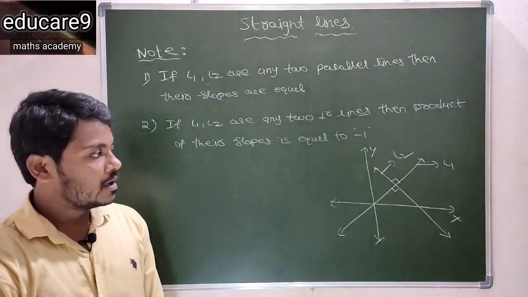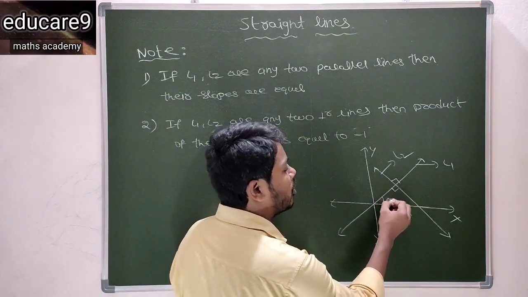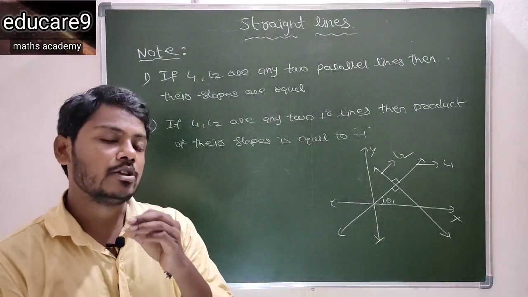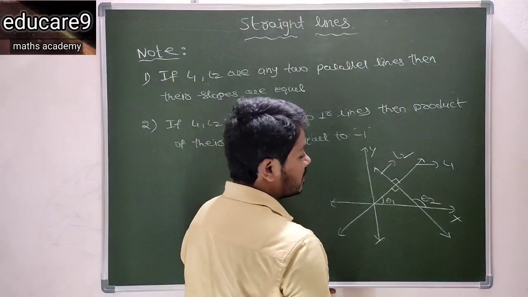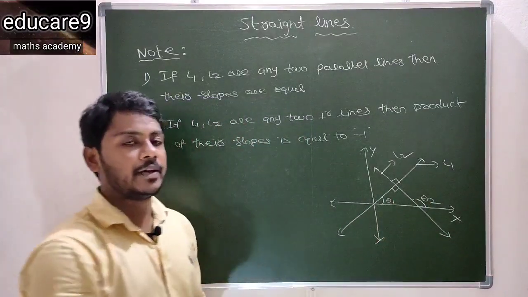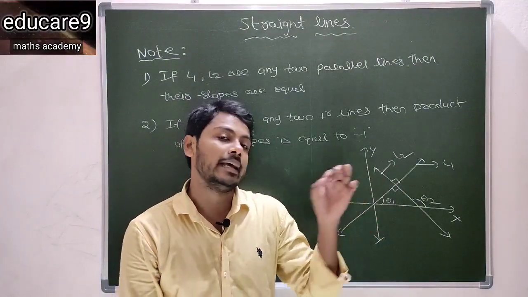Okay. Now this L1 line makes an angle theta 1 with the positive direction of x-axis. Then tan theta 1 is the slope of L1 line. So similarly this line makes an angle theta 2 with the positive direction of x-axis. Then tan theta 2 is the slope of L2 line.